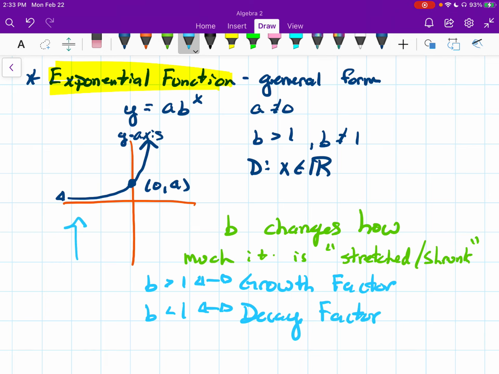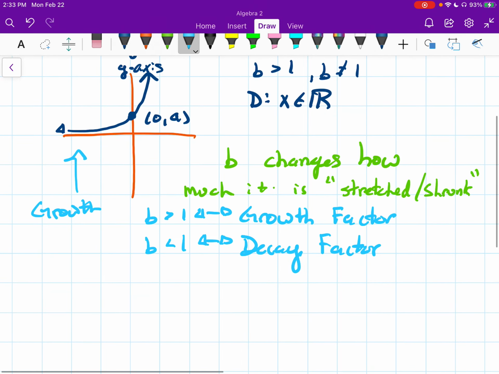This here shows growth. If it were decay, it would do something more along the lines of this. It would start tall and it would end shallow.